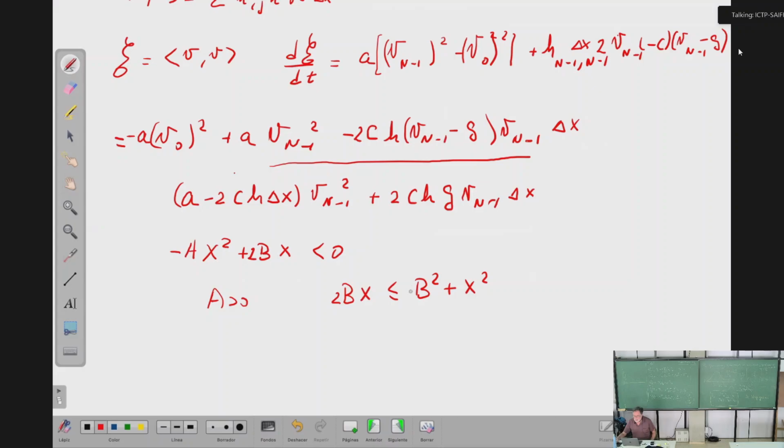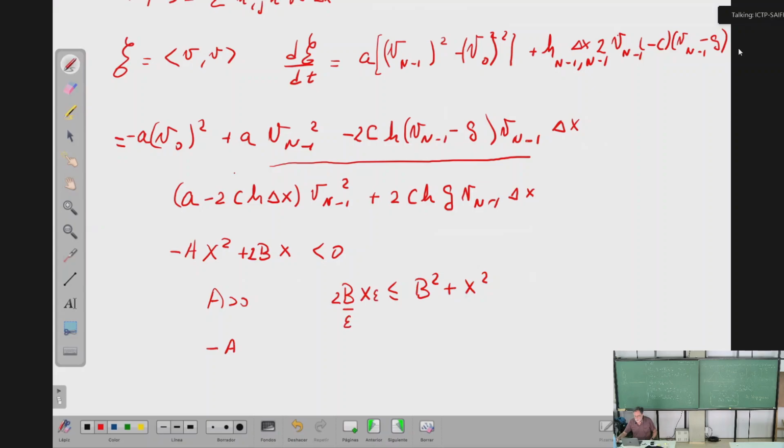B is something that doesn't depend on x, so it's okay, I can have any sign. But I want the things that depend on x to be negative. So this thing here is minus a, but I don't remember very well this calculation.